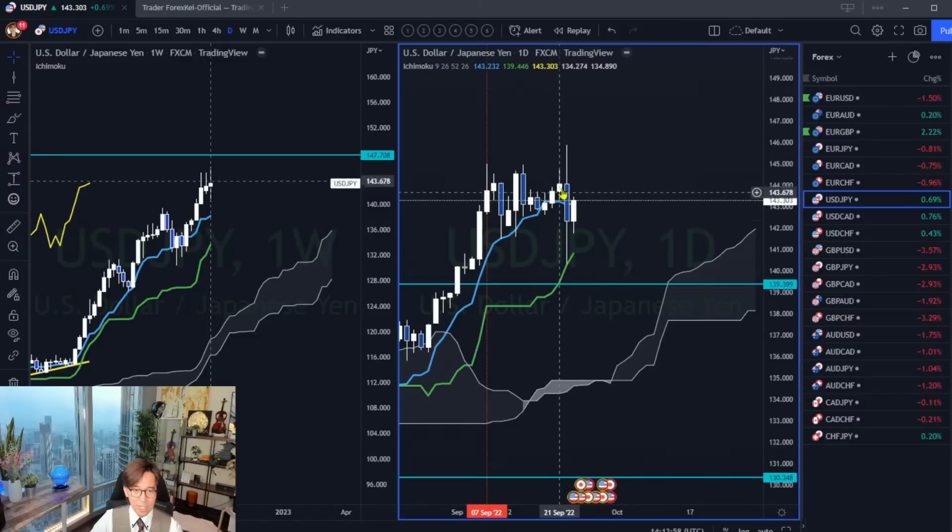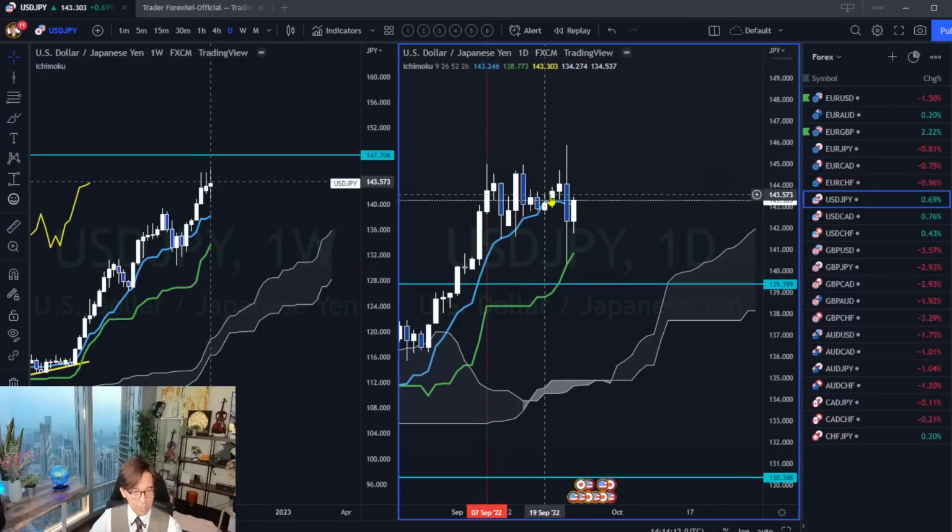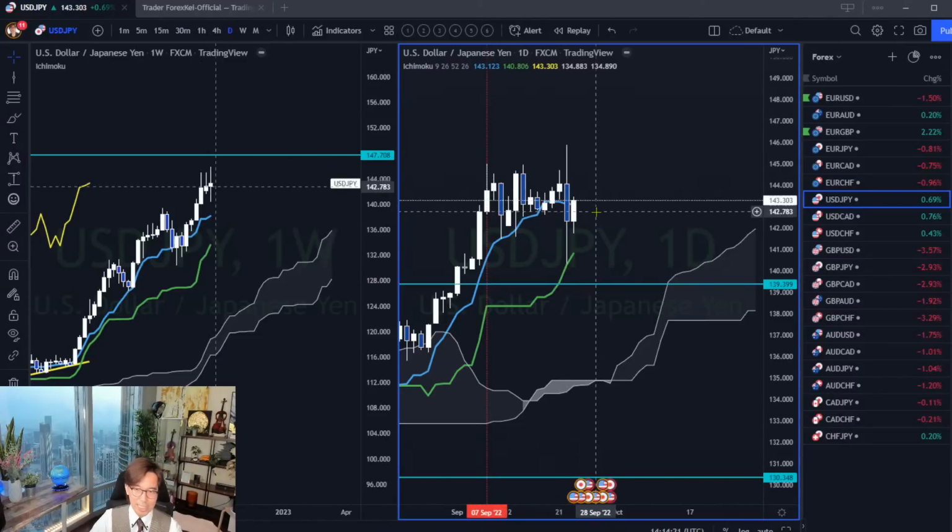And if you look at this candlestick, this is called an outside bar. Outside means the high and low include all the previous candles until 7th of September. So that means these buyers and sellers are exhausted. I mean, there might not really be so many buyers and sellers in the markets already.